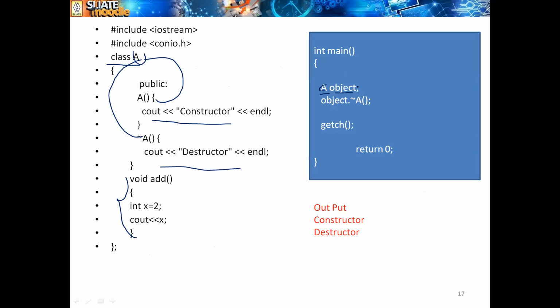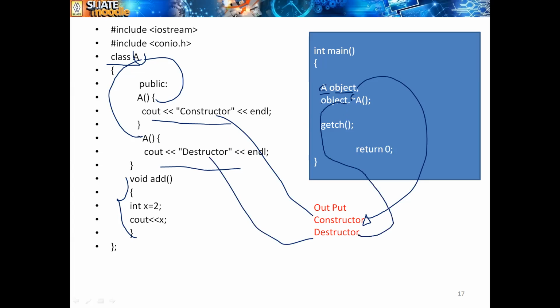When the object is created, the constructor is called automatically, so the constructor output comes. After that, the destructor is called and its output comes here. That's the reason. After the end of the line, the output comes, and we can check it and finish.